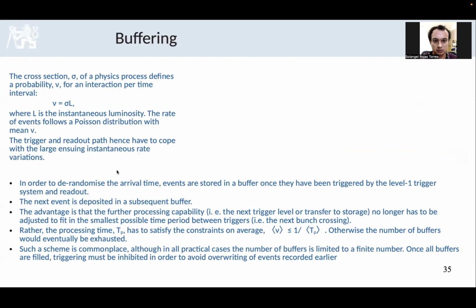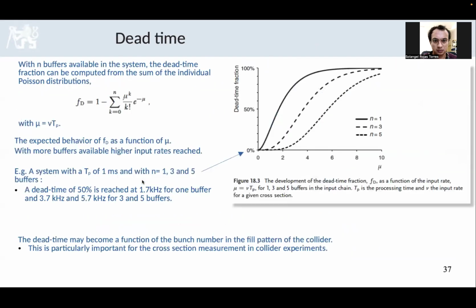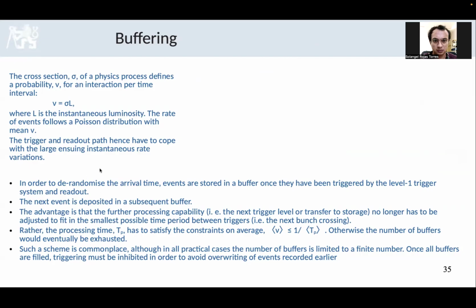So the trigger and the readout have to cope with this rate of the things that we are looking for.